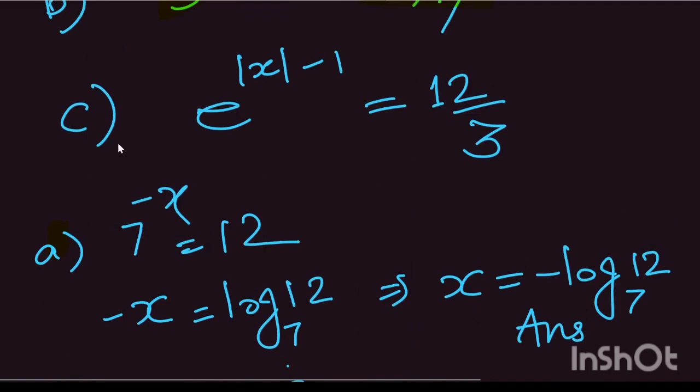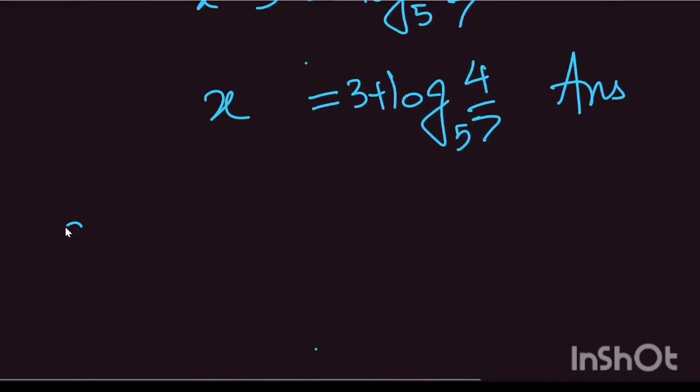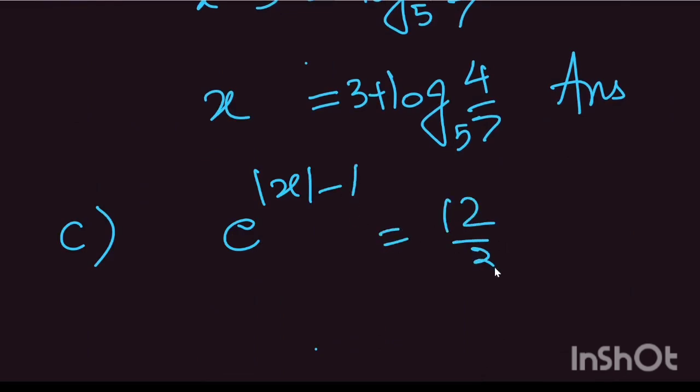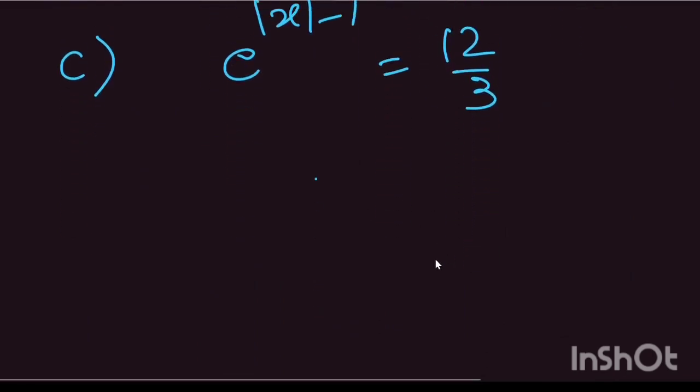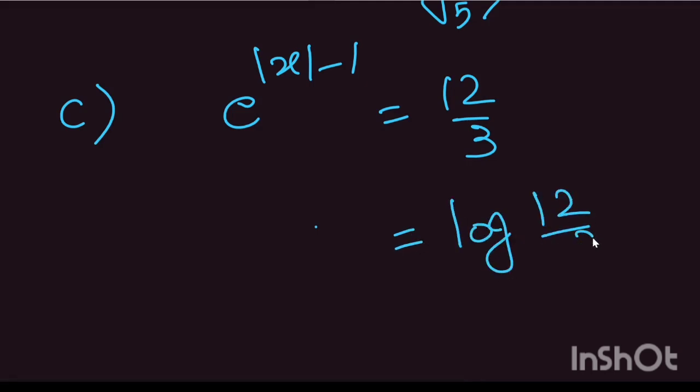Similarly, the third part is e to the power mod x minus 1 is equal to 12 by 3. So e to the power mod x minus 1 equals 12 by 3. So we will take log 12 by 3 base e. So that would be mod x minus 1.